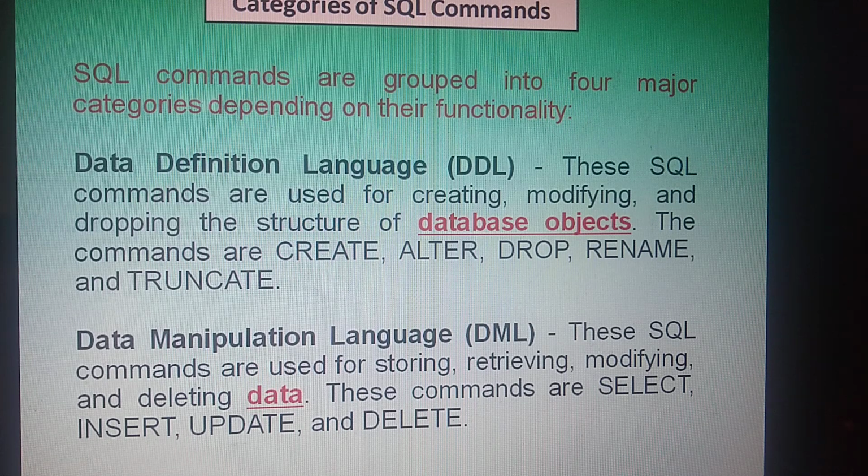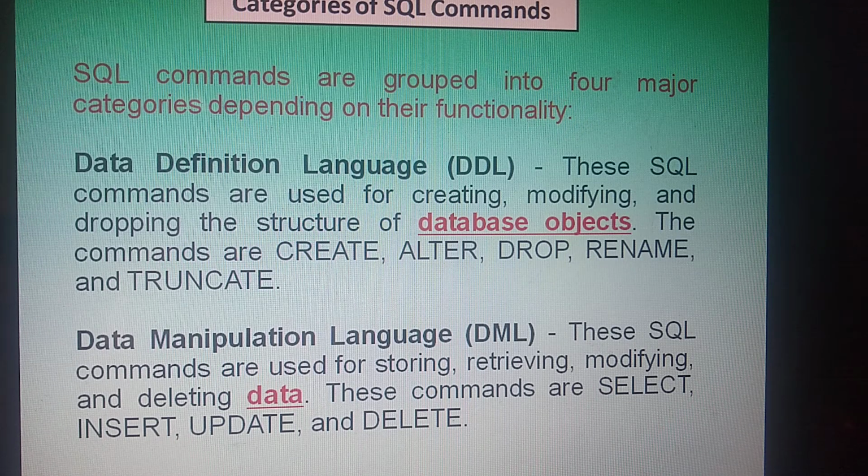The first, DDL, data definition language. What is DDL? DDL stands for data definition language. These SQL commands are used for creating, modifying and dropping, that means deleting, the structure of database objects. If you want to create a database object, that is a table or a database or a column, that is a field, or you want to give a primary key to a particular field, you want to remove a primary key, you want to change the name of a column, these are your database objects.